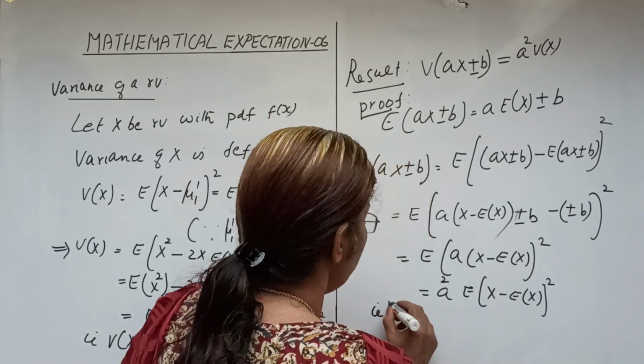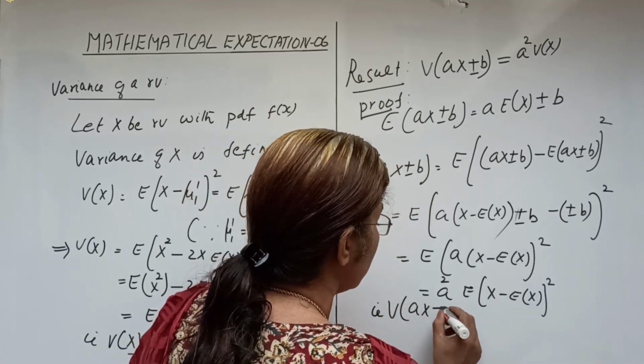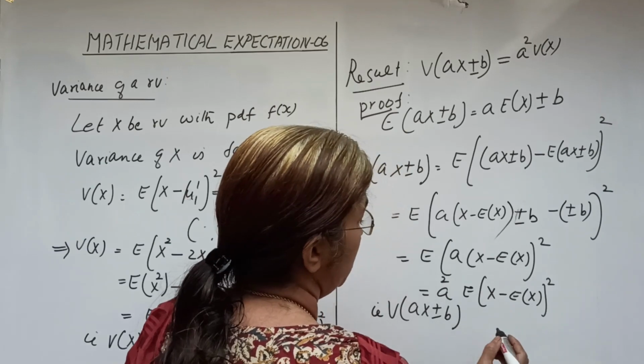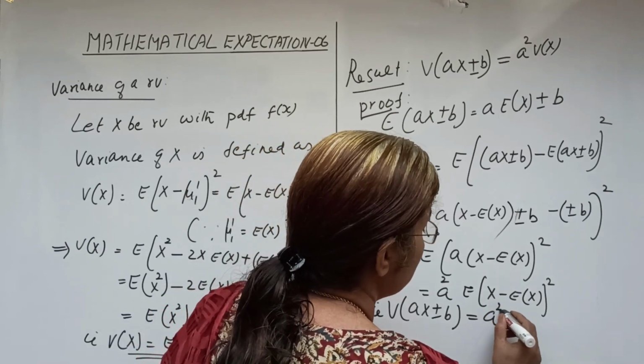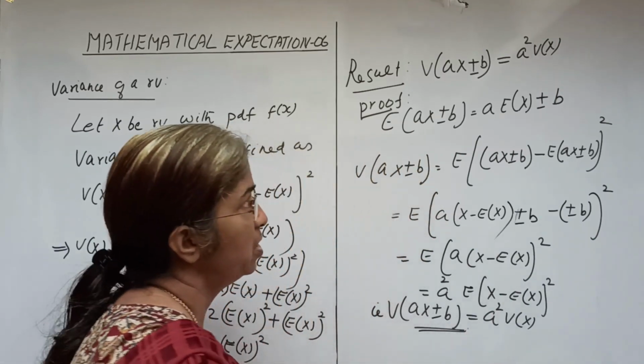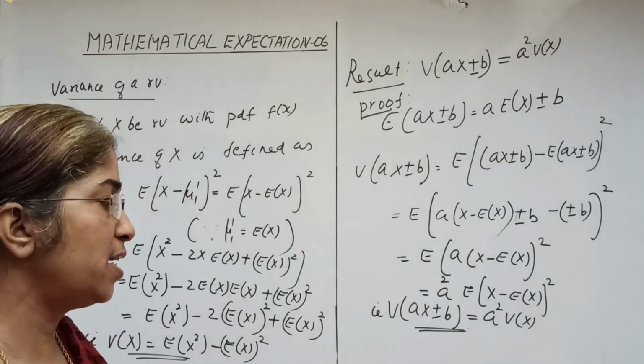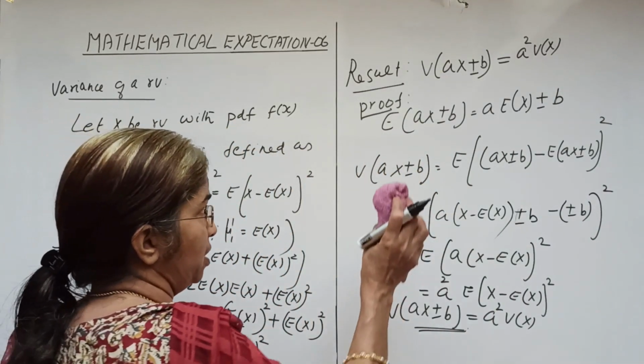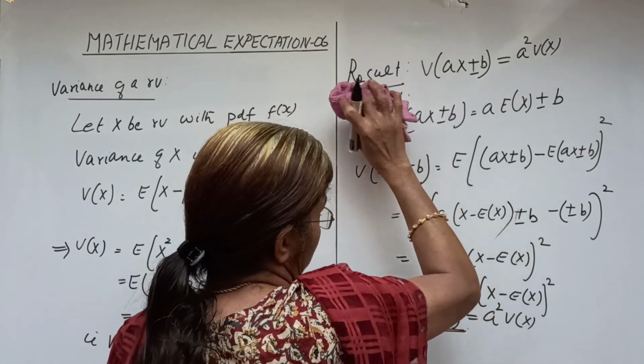That is, variance of aX plus or minus b equals a square variance of X. Very important result.